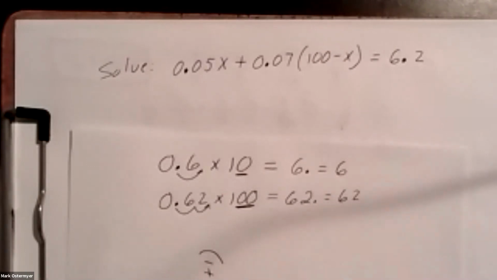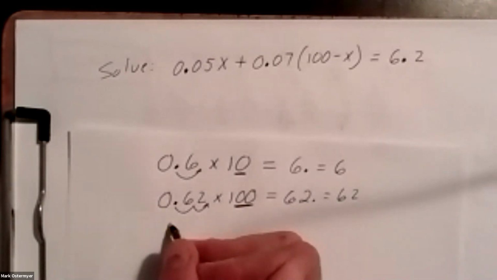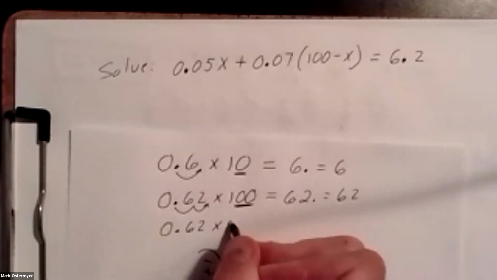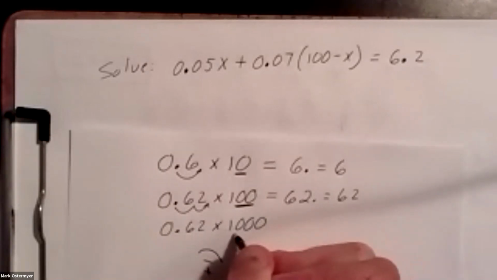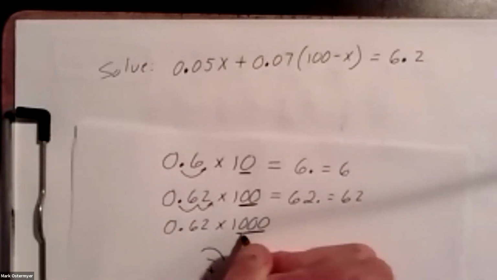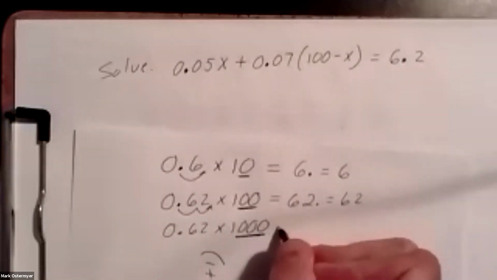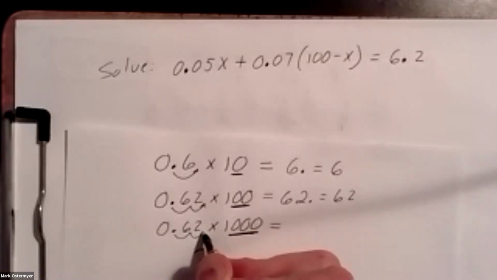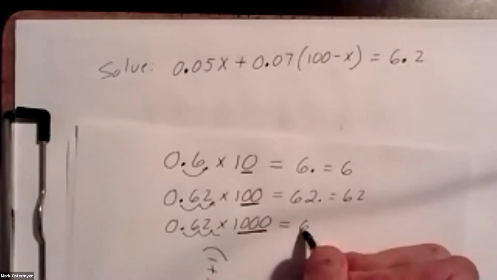Everybody see what's going on here? So if I had 0.62 times 1,000, what would I get? How many places to the right did the decimal point get shifted? 3 places to the right. 1, 2, and we got to add a 0 because there's a third shift to the right. So it'd be 620.